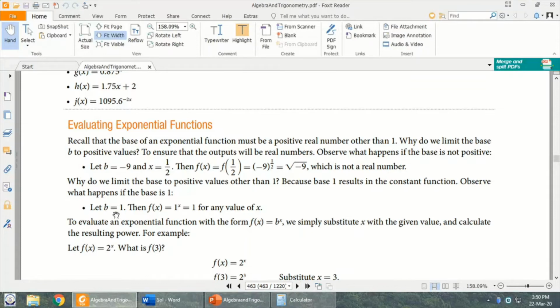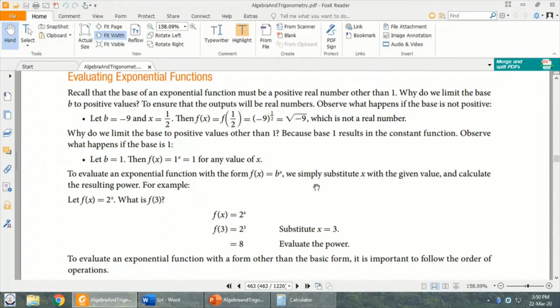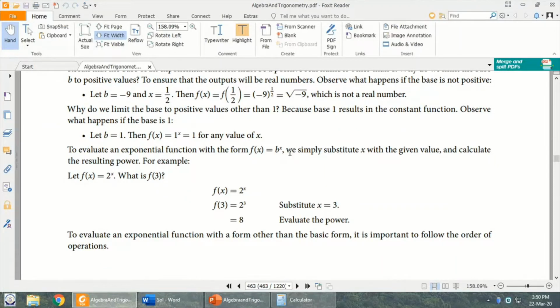And b, if equal to 1, will give you itself, so it's not going to be a function. It's a tricky part: if b is raised to power x and b is equal to 1, then this is not an exponential function.